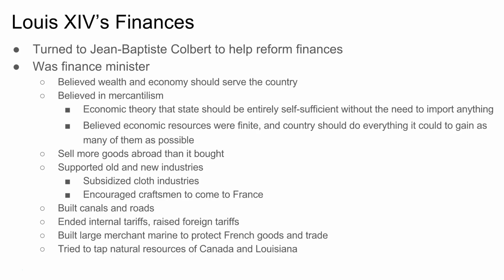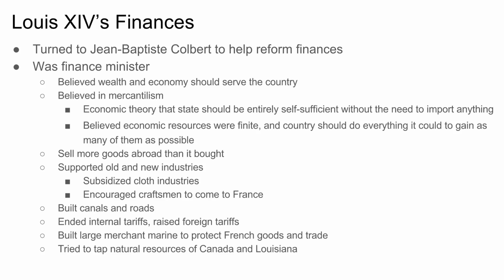And this stemmed from part of mercantilist theory, which suggested that there was a finite amount of resources in the world, which is true economically, but not necessarily true. And the country should do everything that it could to get as much of them as possible.